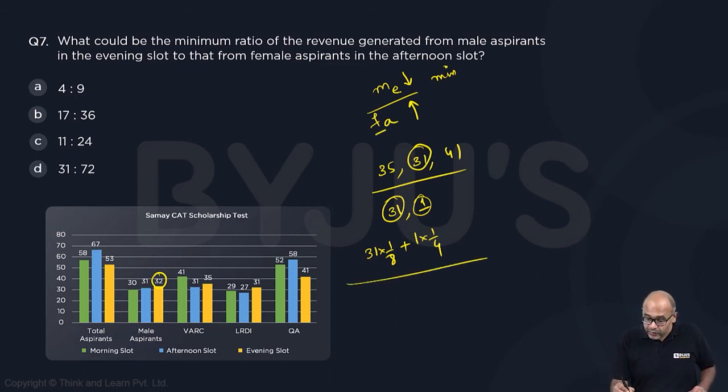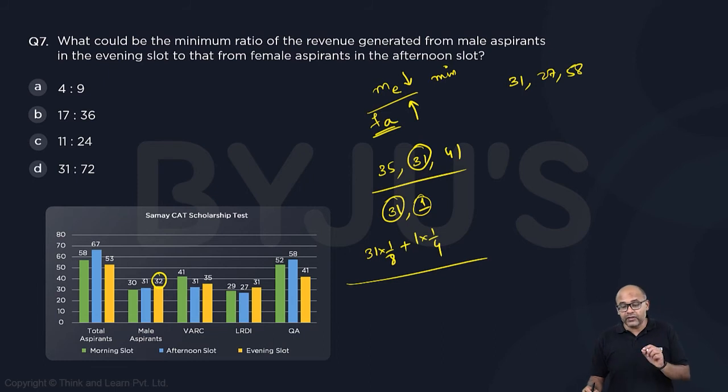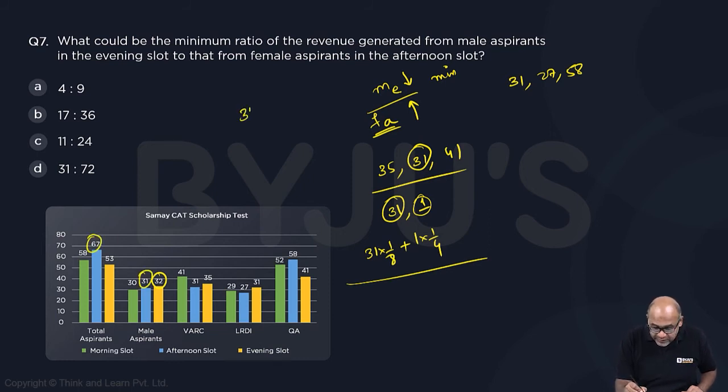Divided by, now female afternoon should be maximum. What happened in afternoon? Afternoon, you can see 31, 27 and 58 are the number of people. What could be the maximum revenue that can be generated by the females? Now if you notice, females in the afternoon are 67 minus 31, so 36 are females.